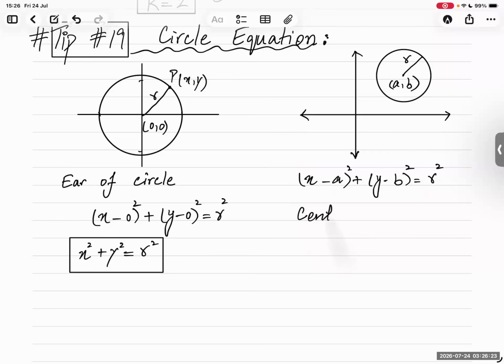So now we would say the center is A and B and your radius is r.